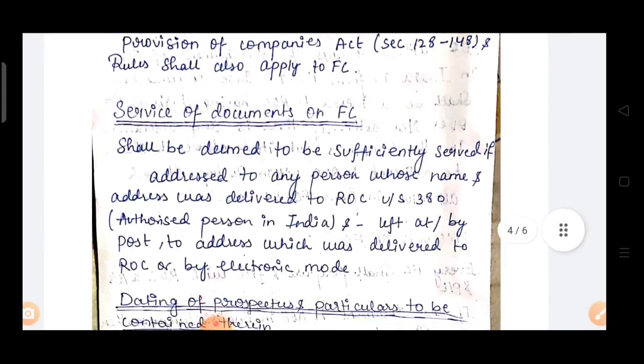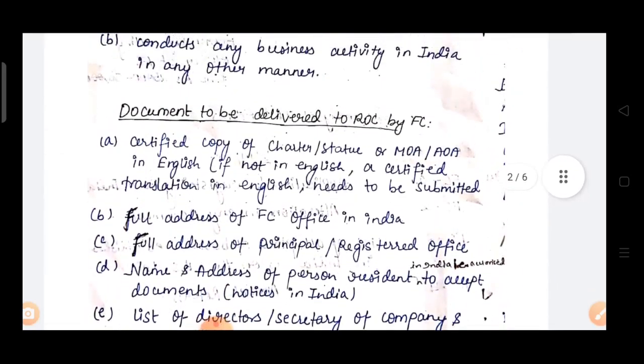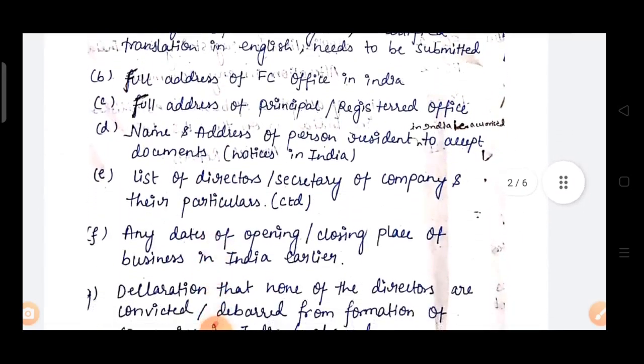Now service of documents on a foreign company shall be deemed to be sufficiently served if addressed to any person whose name and address was delivered to the ROC under section 380, the authorized person in India, and left at, or sent by post to, the address delivered to the ROC, or sent by electronic mode. Remember this point: in the documents to be delivered to the ROC, in point D, the name and address of the person resident in India who is authorized to accept documents or notices in India.